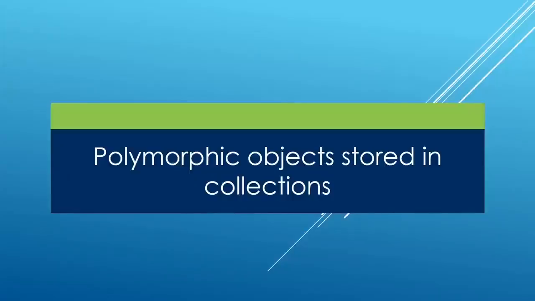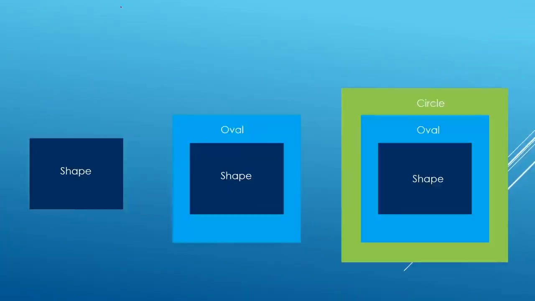In this lecture, we're going to explore what happens if you try to directly store polymorphic objects in a collection like an array. In the last lecture, we have seen that if you assign a derived object to a base object, the data from the derived object is going to be basically sliced off.